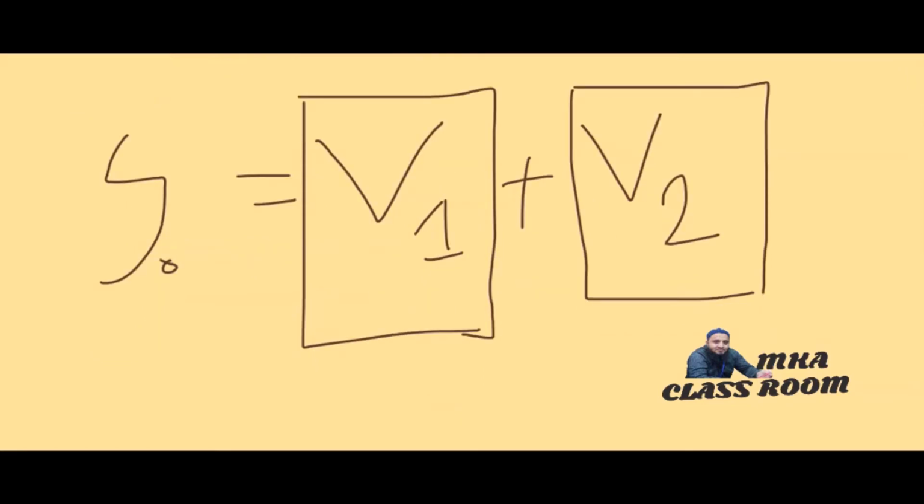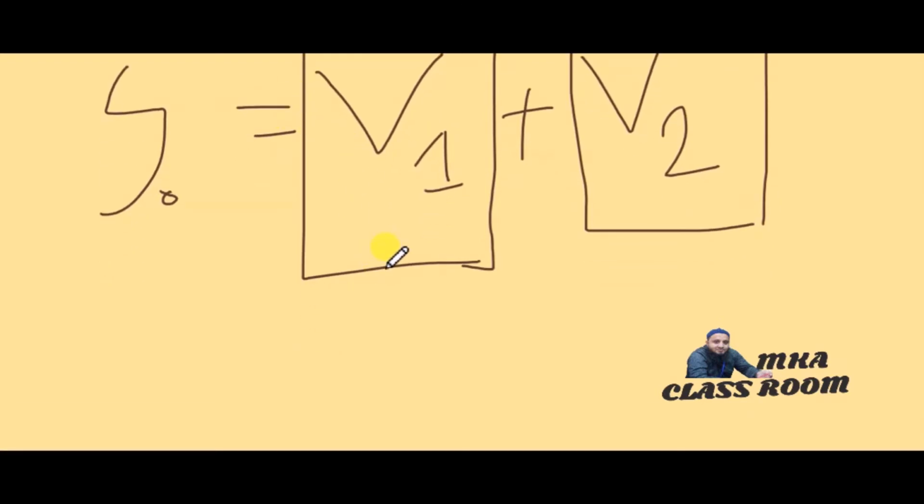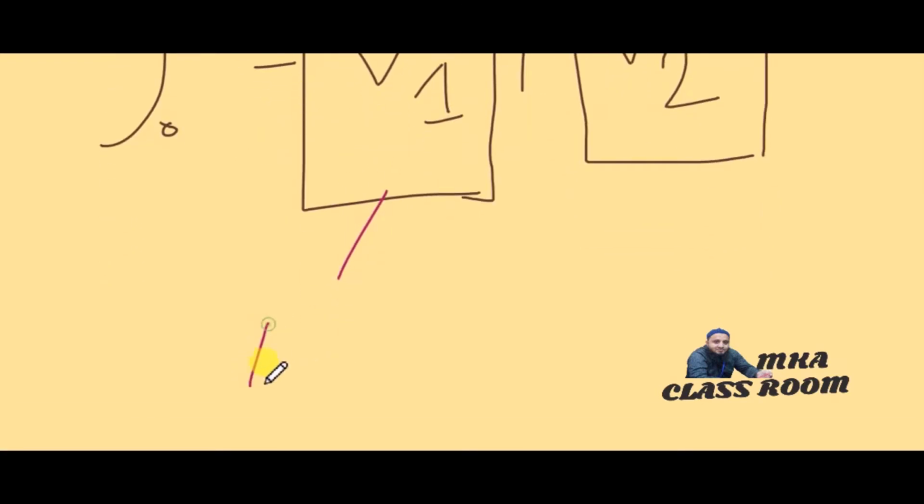The intrinsic value of the share is the sum of the present value of dividends. The flow from period 1 to n we call valuation 1, or V1.